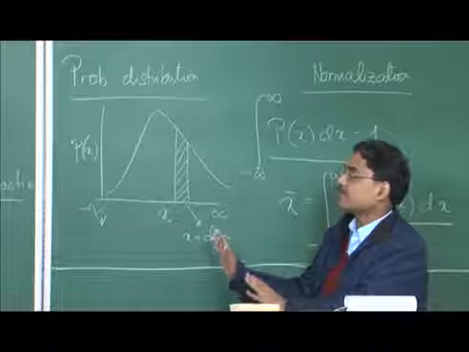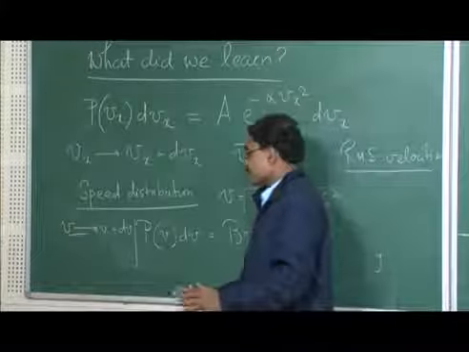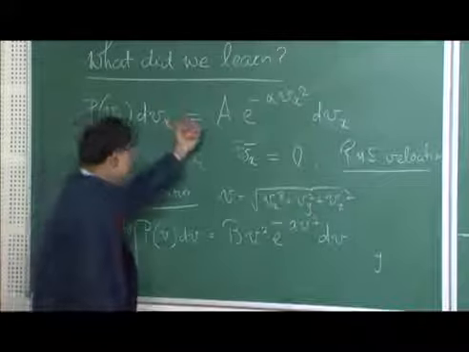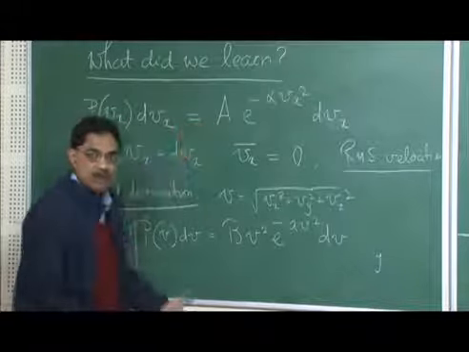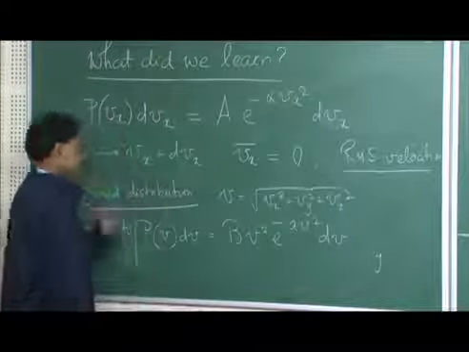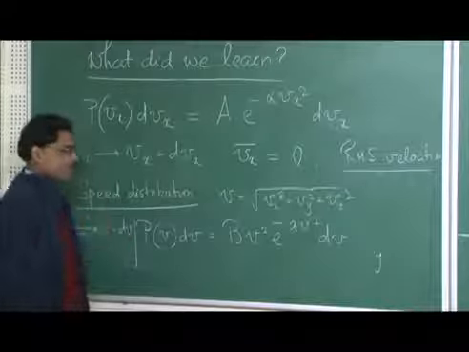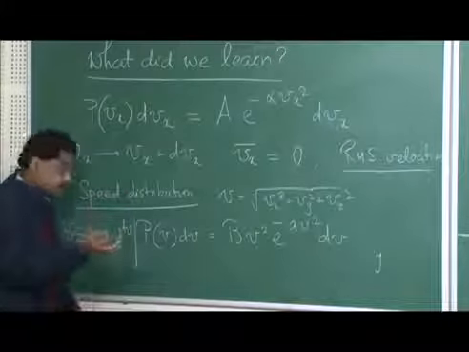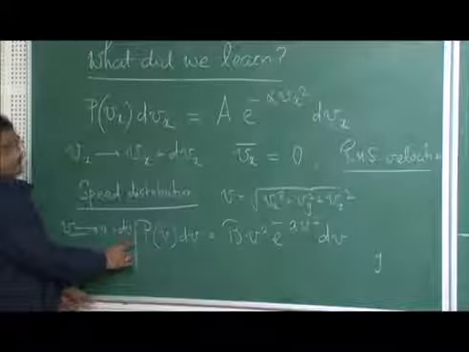Even if you talk about the molecular level, you are dealing with a huge number of molecules, so you have to have some distribution function. This is the velocity distribution function for Vx. A similar form will appear for Vy and Vz because of the isotropy. Then more important is to look at the speed distribution, where speed is defined like this, and this is the probability that the speed of a molecule lies between V to V plus dV.